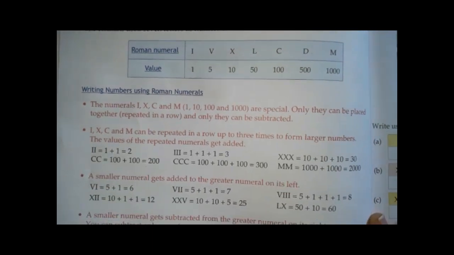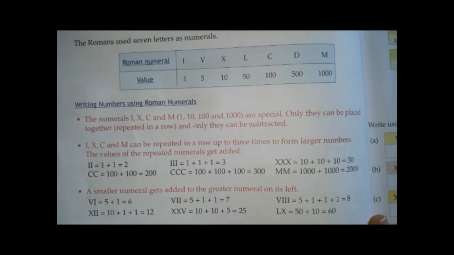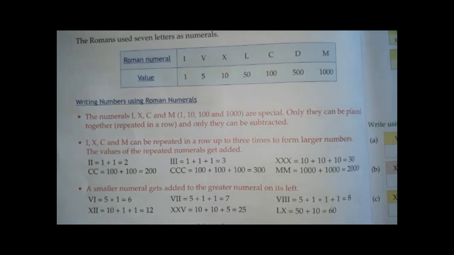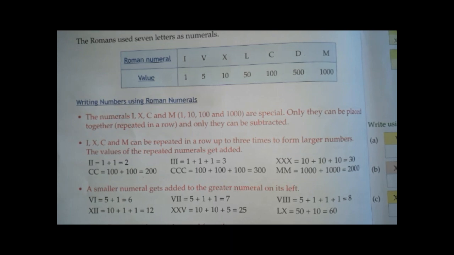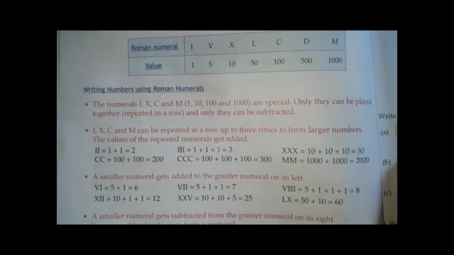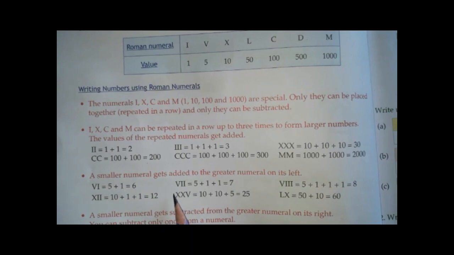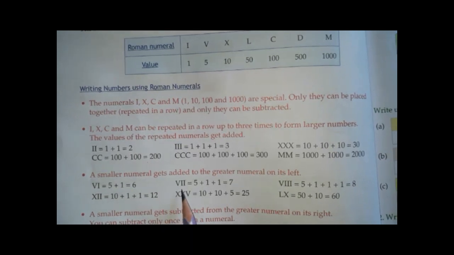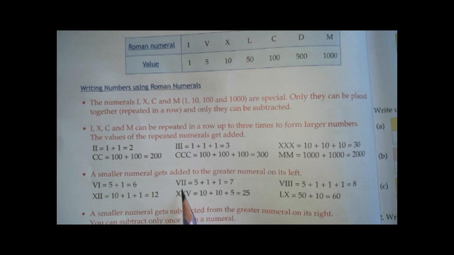The next rule which we are going to learn here is that a smaller numeral gets added to the greater numeral on its side. It can be better explained with an example. The second number is VII. V means 5, I means 1, I means 1. We already know that I can be repeated in a row.